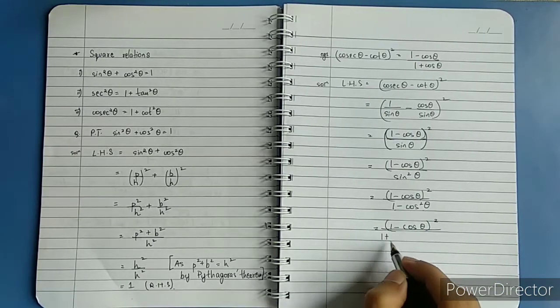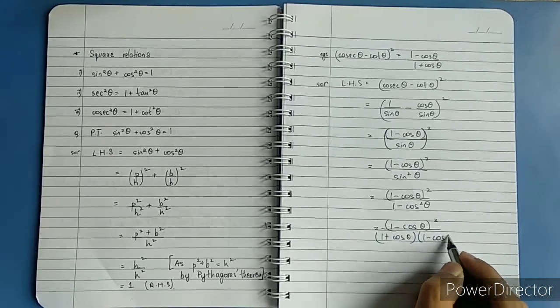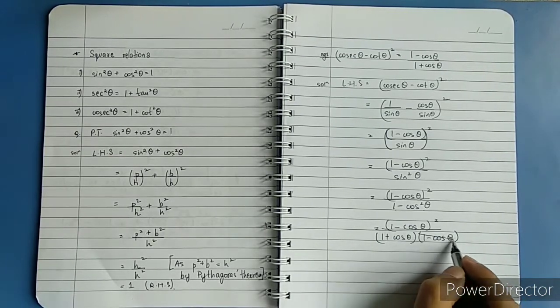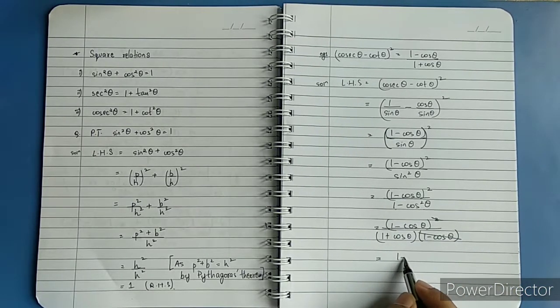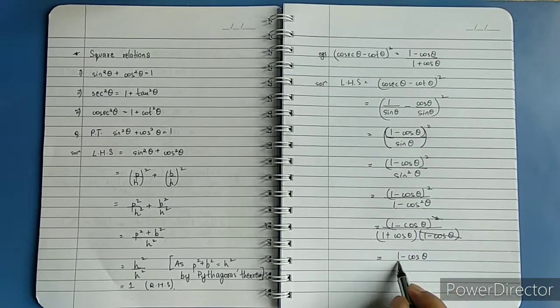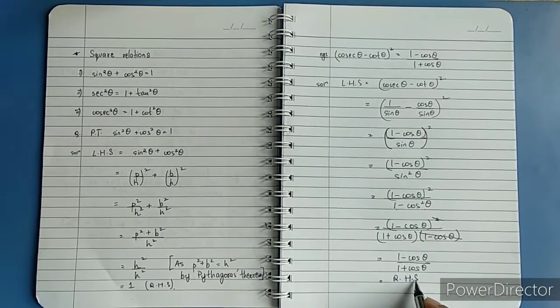So this becomes 1 plus cos theta into 1 minus cos theta, and the square cancels off because the numerator also has 1 minus cos theta. So this is equal to 1 minus cos theta by 1 plus cos theta, that is equal to the right hand side. Hence the proof.